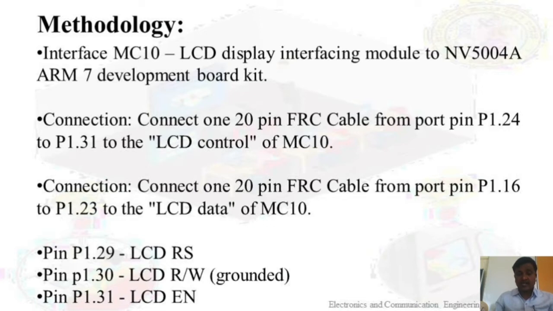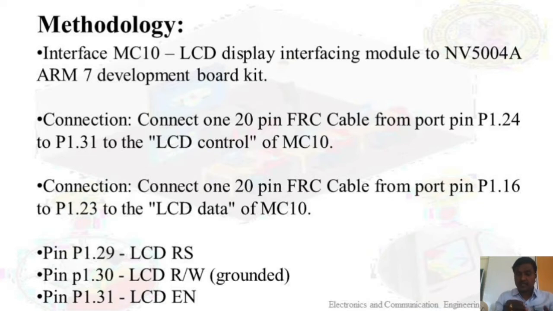Then second point, connection. Connect a 20-pin FRC cable, a flat ribbon cable, from port pin P1.24 to P1.31 to the LCD control of MC10, because in the MC10 they have provided the LCD data point connection is different and the LCD control point is different.